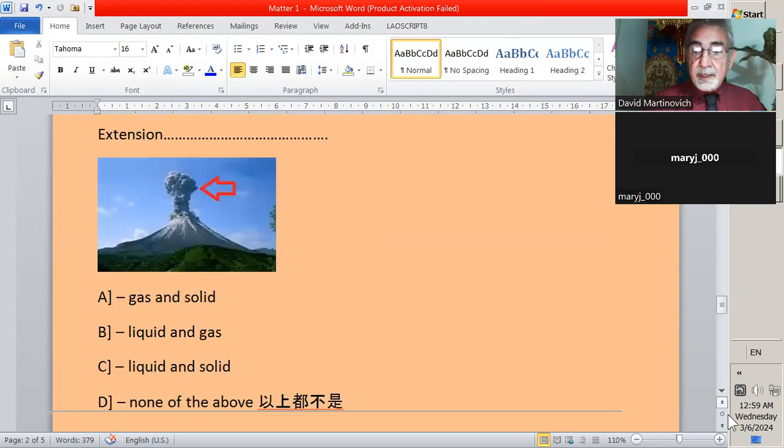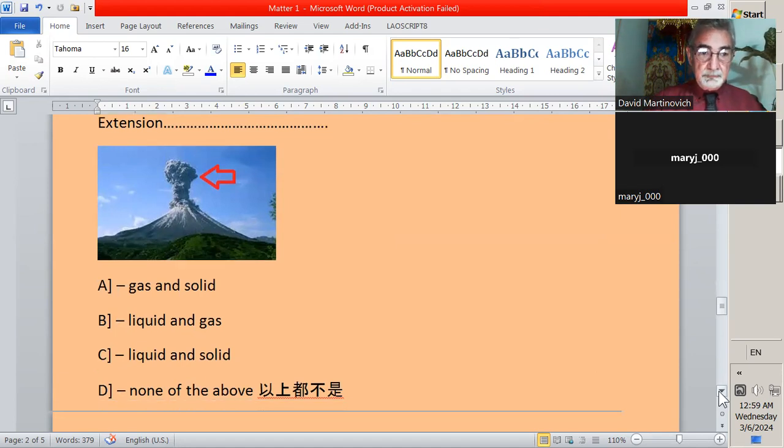Now here we have two things. This is a mixture of two forms. What are those two forms? Think about it.